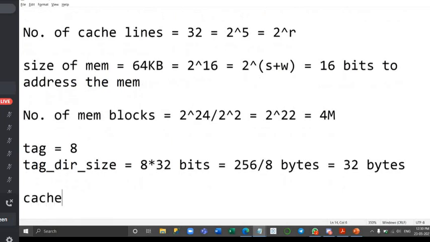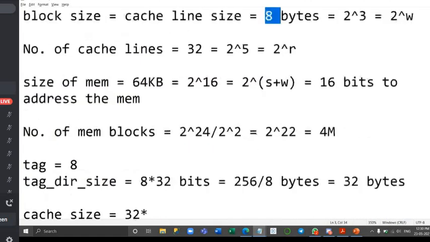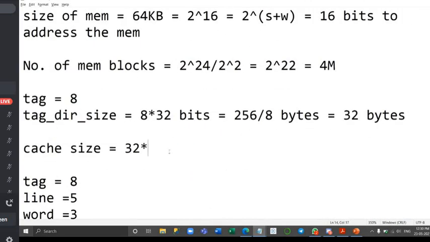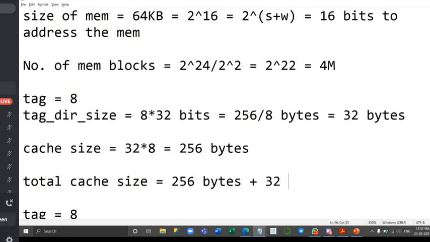So you have 32 bytes allocated for your tag directory size. You have your cache size as number of cache lines, 32, multiplied by your cache block size, 8 bytes, which is 256 bytes. The total cache size will be this part, excluding the tag bits, and then you include the tag directory as well.